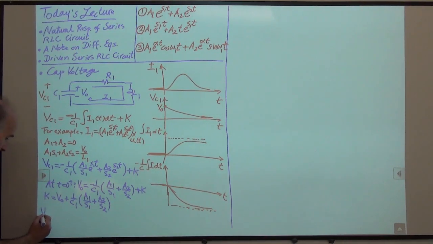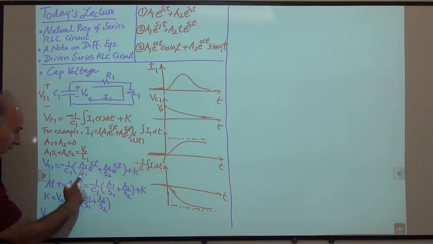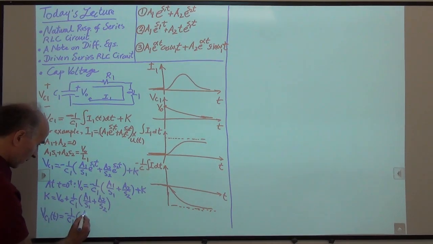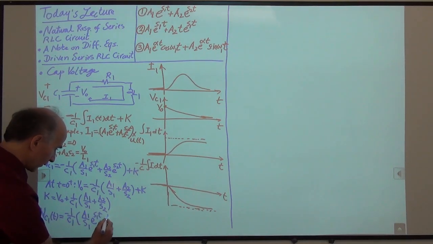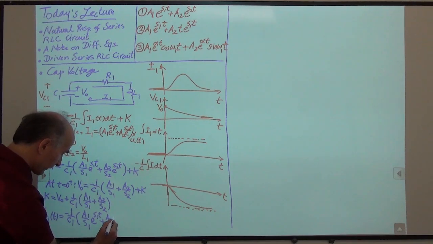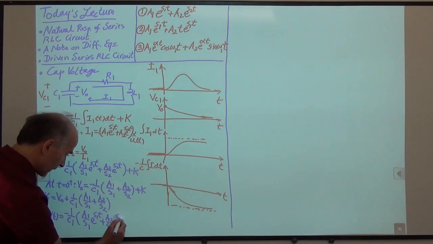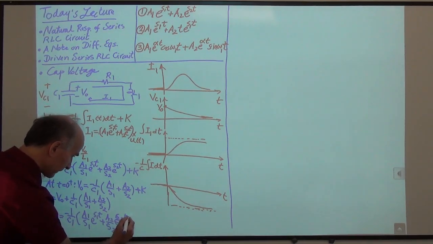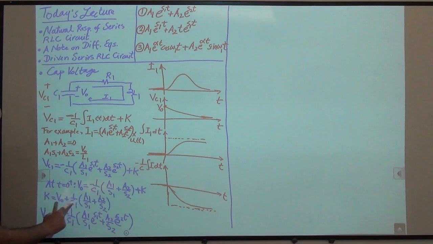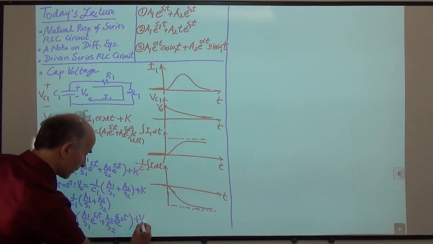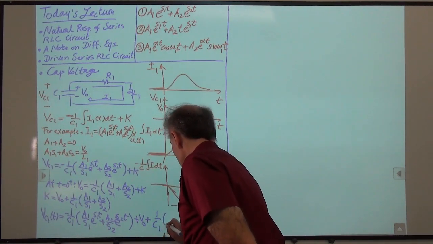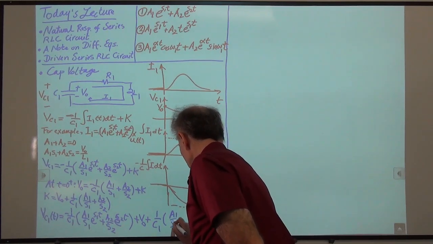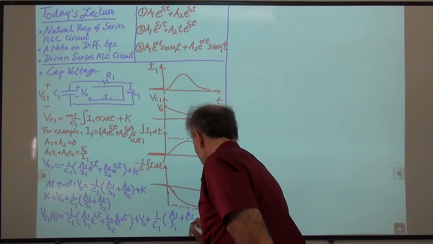So VC1 as a function of time is given by minus 1 over C1 times all of this: A1 over S1 e to the S1t plus A2 over S2 e to the S2t, and then we have k, which is this value here, so plus V0 plus 1 over C1, A1 over S1 plus A2 over S2.